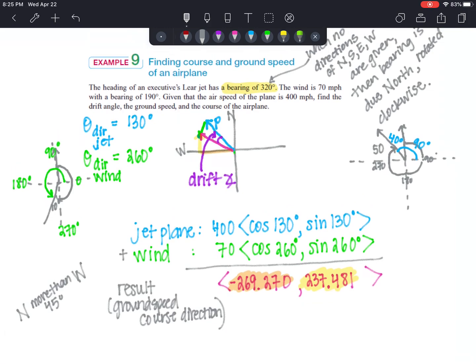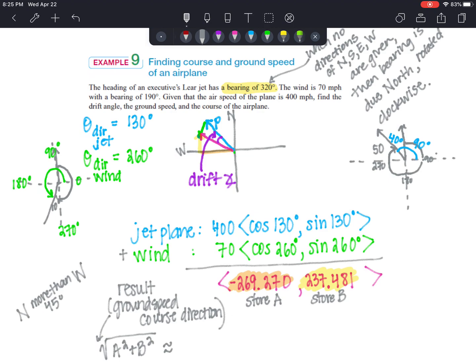So let's get to it. Let's find that ground speed. So the ground speed is the square root of, remember, you're going to store this horizontal component as A, and you're going to store the vertical component as B. If you didn't already do that, you want to go back to your calculator and definitely do that. So you're pressing pause and fixing that. The ground speed is the square root of A squared plus B squared.